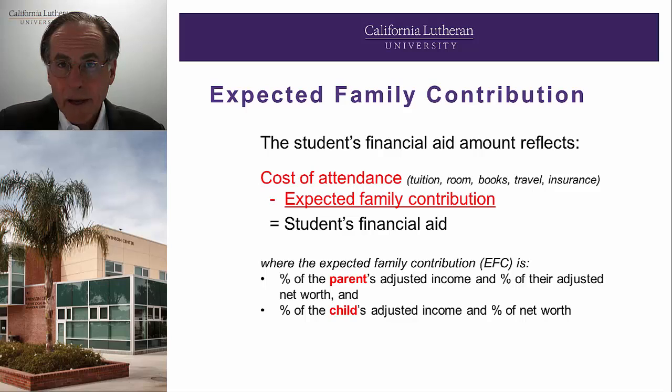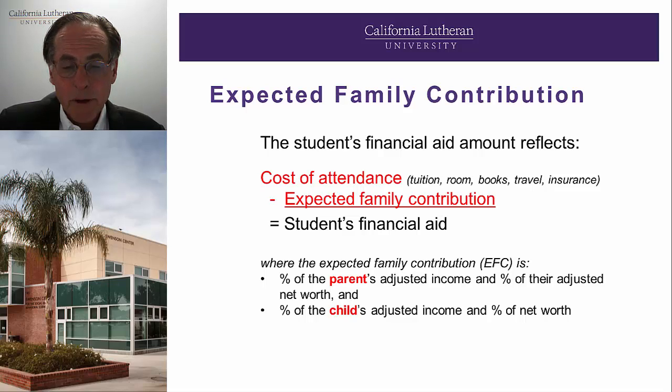The financial aid calculation reflects the cost of attendance, including tuition and fees, room and board, books, travel, and insurance, less the amount that the family is expected to contribute towards the child's education. The expected family contribution, or the EFC, reflects a percentage of the parent's income and net worth and a percentage of the child's income and net worth.